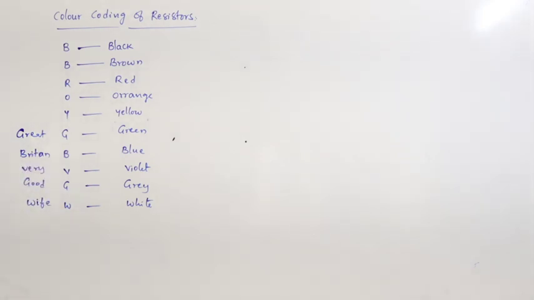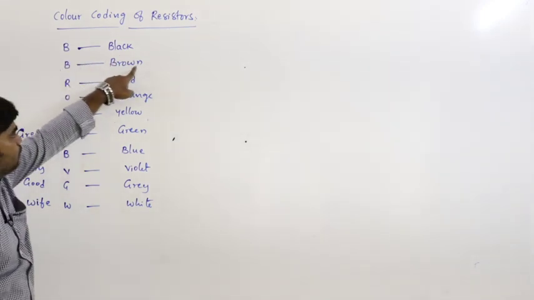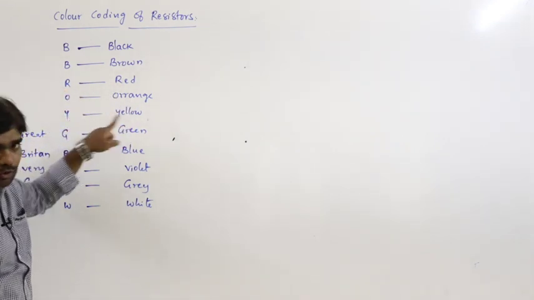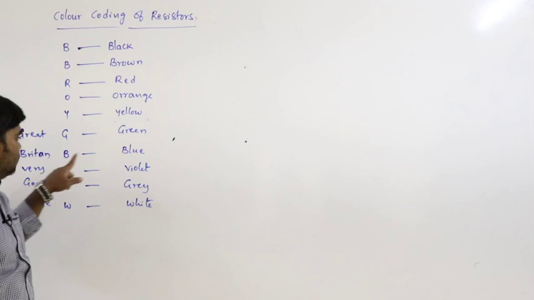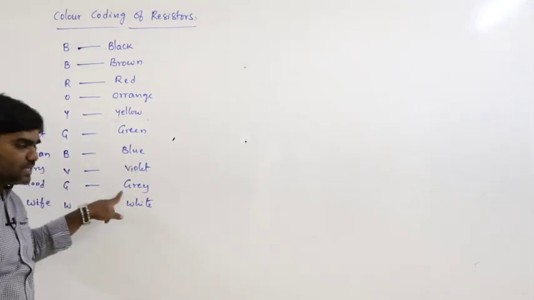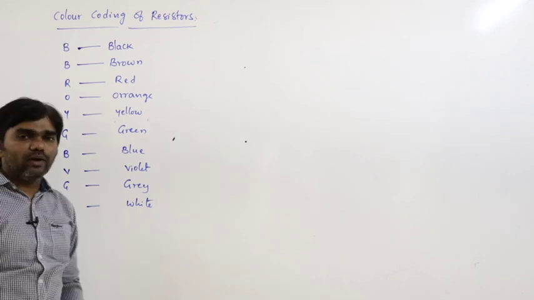This is the easy way to remember the order. B.B. Roy of Great Britain having very good wife. We consider the first letters: B is black, next brown, R is red, O is orange, Y is yellow, G is green, B is blue, V is violet, G is grey, W is white.